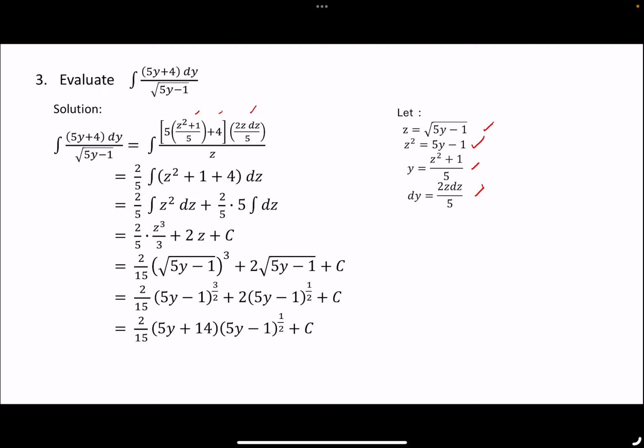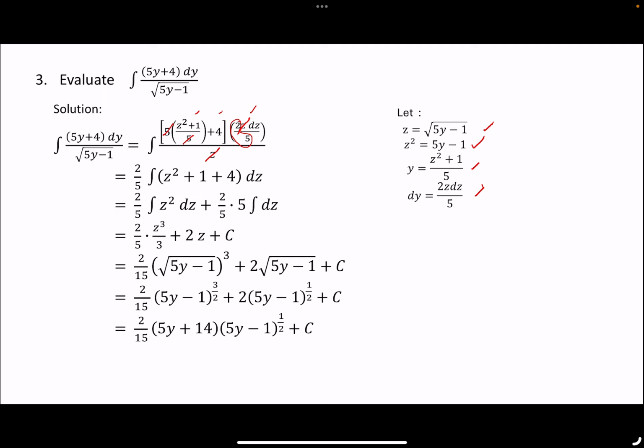With this, we can factor out 2 over 5. And then 5 over 5 would cancel out. So we have z squared plus 1 plus 4, times z over z. So this z would cancel out with the denominator z.